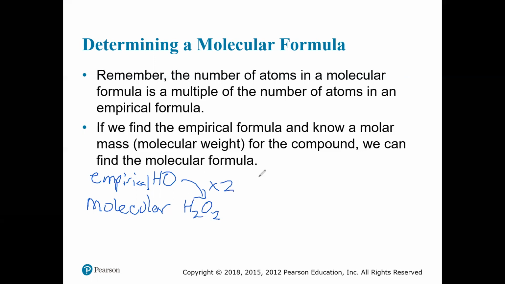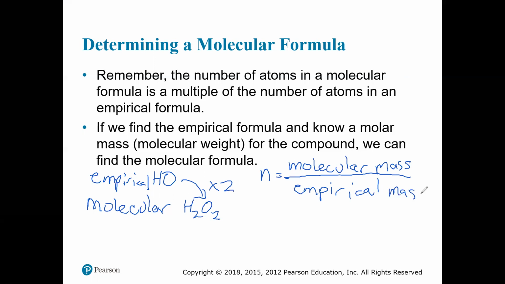This number here is known as N. N is going to be your molecular mass divided by your empirical mass. On problems, the molecular mass will be given. This one, the empirical mass, you'll have to calculate from the empirical formula.